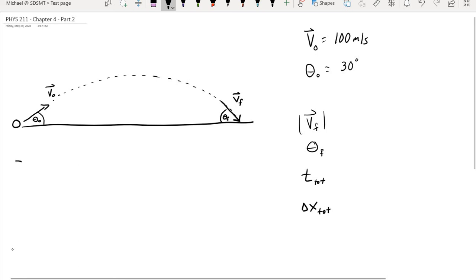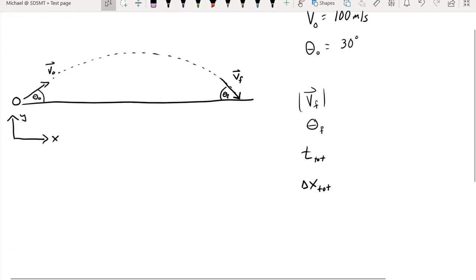So what I'm going to do is I'm going to assign a reference frame right now. So everything to the right will be positive along the x direction, and everything pointing up will be positive in the y direction.